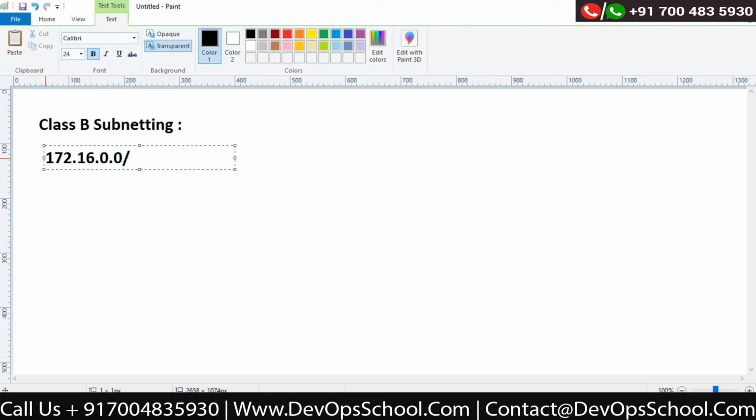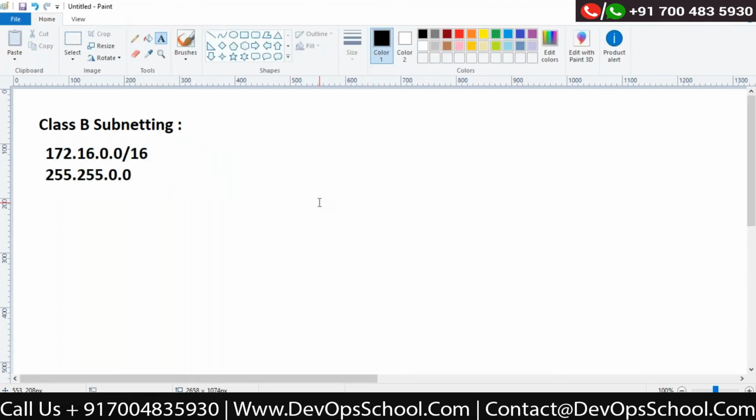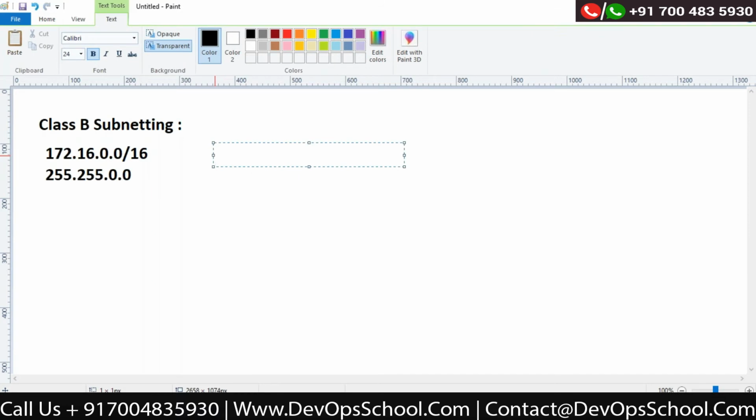By default, the CIDR for class B would be 16, because 16 bits are for the network side and 16 bits for the host side. 255.255.0.0 would be the default subnet mask for class B. Correct?